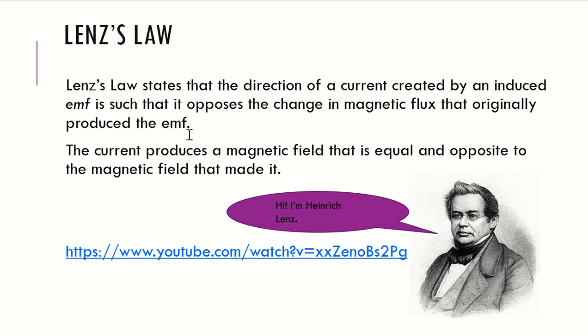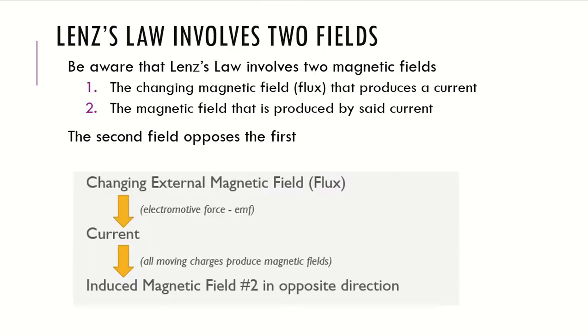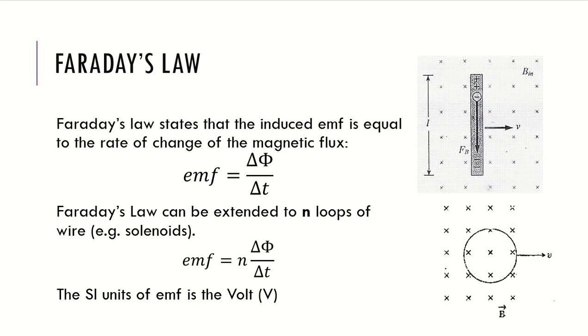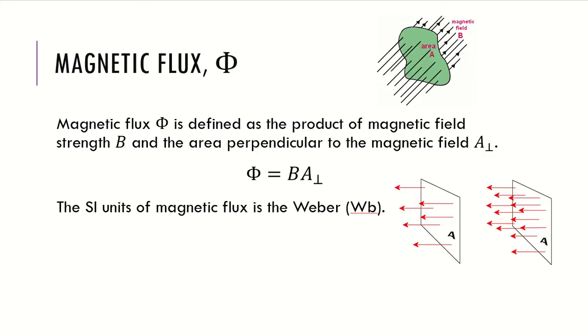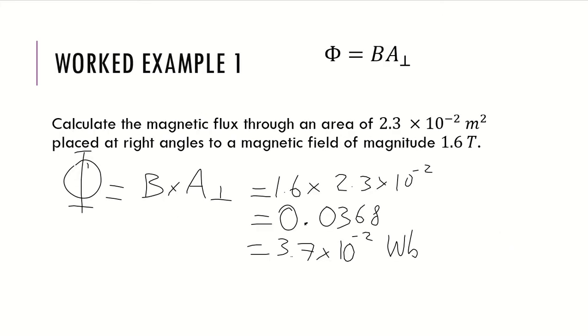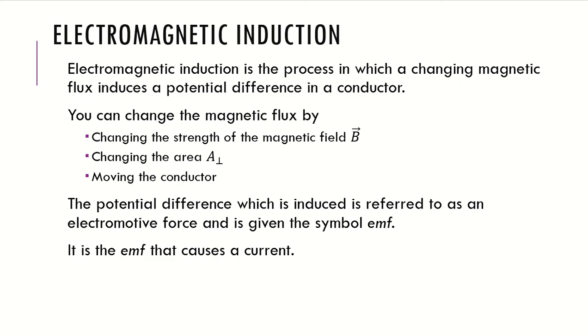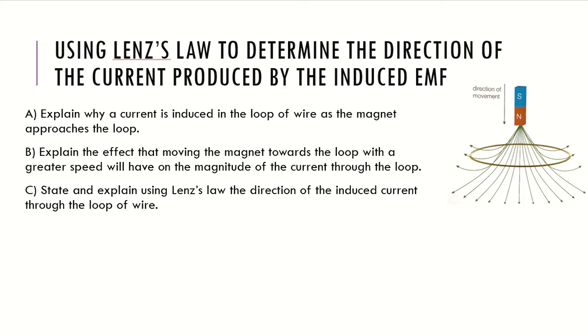Here's a good picture I can use. If we have a magnet and we move the magnet downwards, we're increasing the flux through this wire.